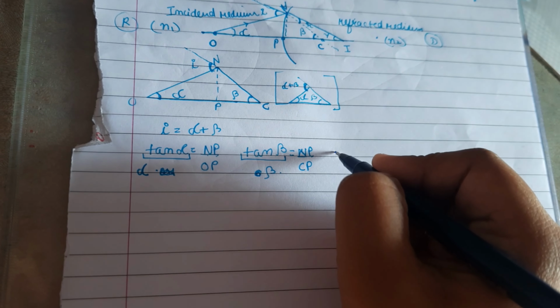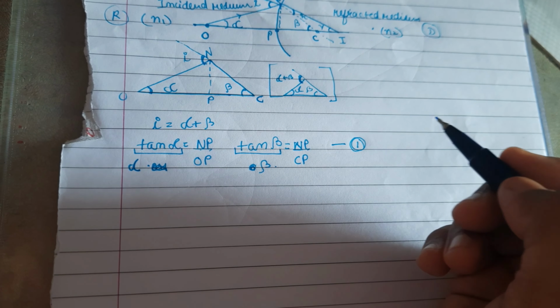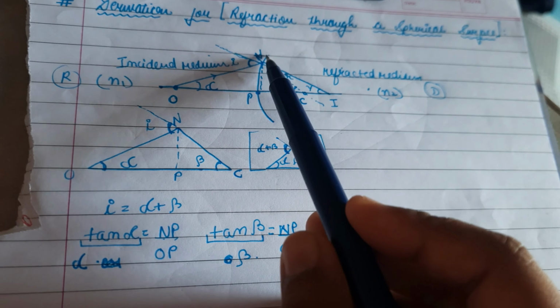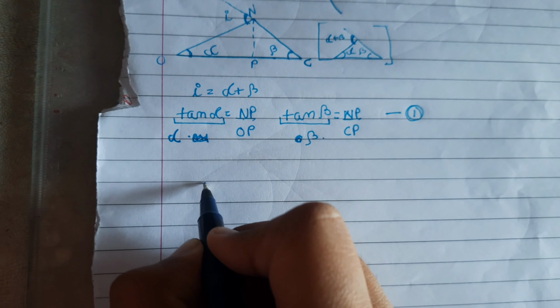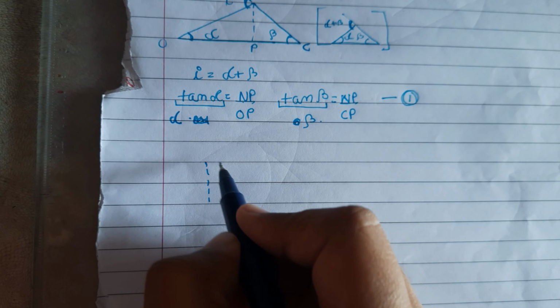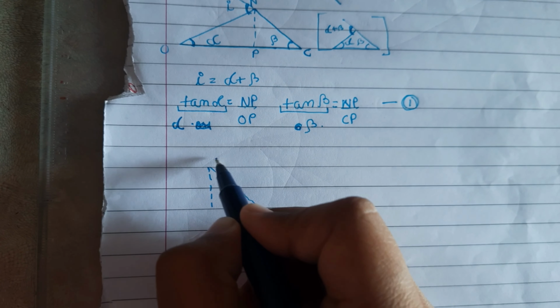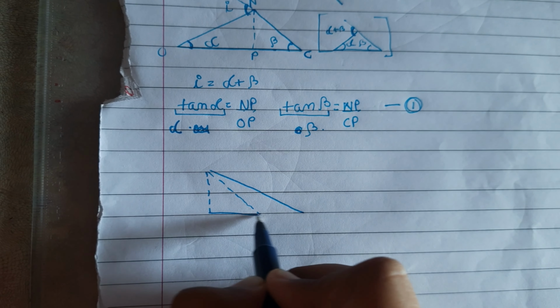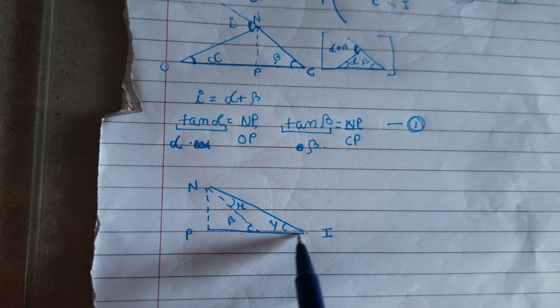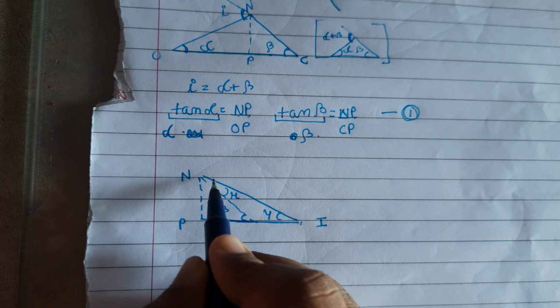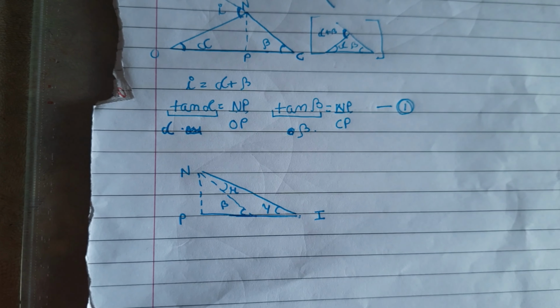Now that is one thing done. Now you have to take the second triangle, which is triangle NPI. So it's like this. Here we have beta, the angle of refraction, and gamma. So here also we can see the same formation, that the exterior angle will be equal to the sum of the opposite two interior angles.